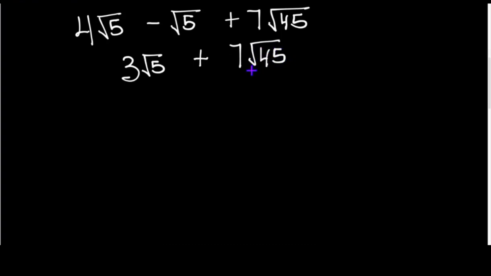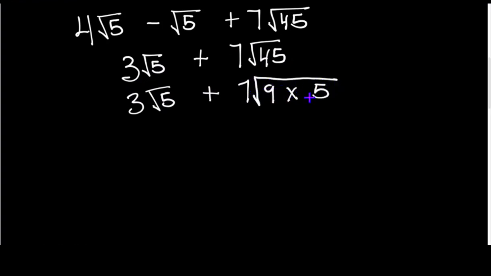So now in this case, square root of 45 can be simplified to have a root of 5. So 3 square root 5 plus 7 square root 9 times 5.